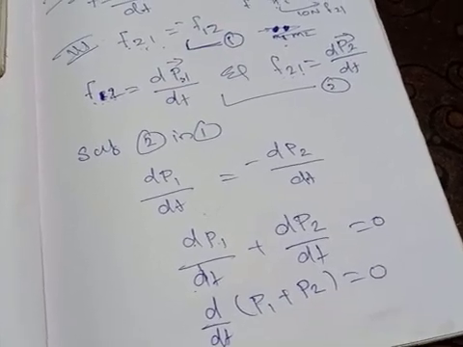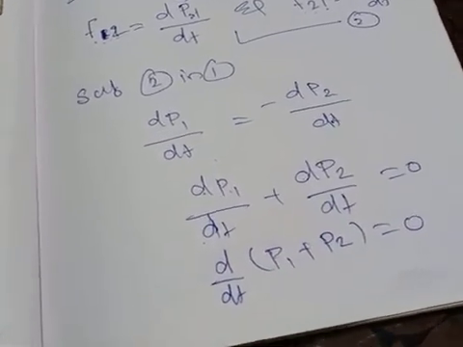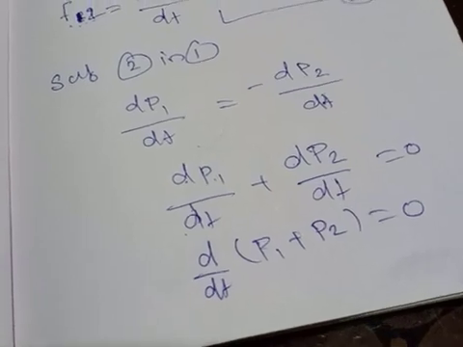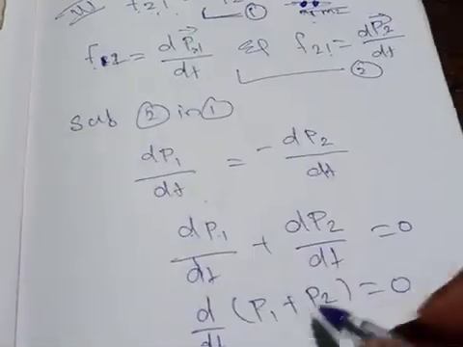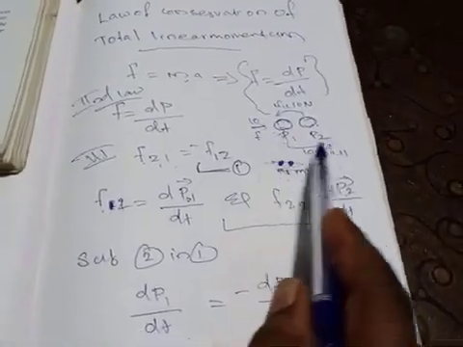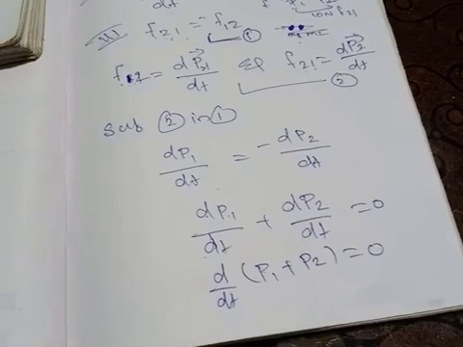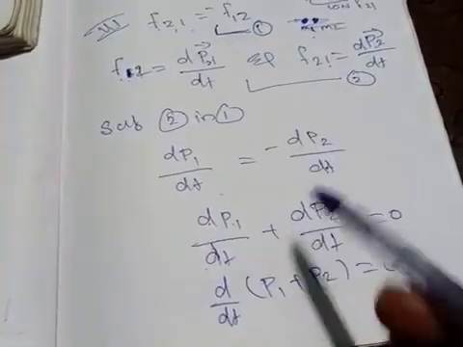So this is what we can tell, that p1 plus p2 means the total linear momentum between these two particles. Here I said the two particles are there. So this p1 plus p2 means the total linear momentum which is acting on these particles.